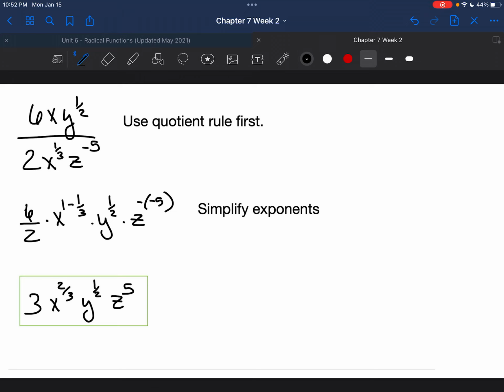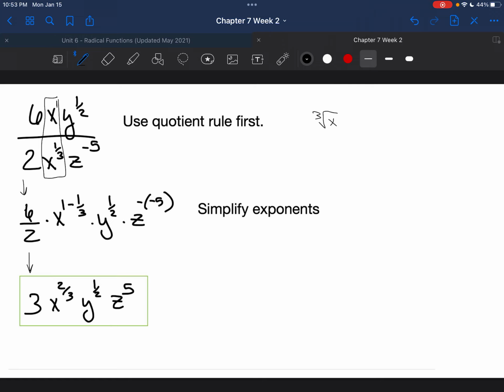So in this case, our constant terms are still 6 divided by 2, which still gives us 3. That's the same. Our x values here, we've got x with an exponent of 1 and x with an exponent of 1/3. We know that's the cube root of x, with an index of 3, but we can't divide that well.